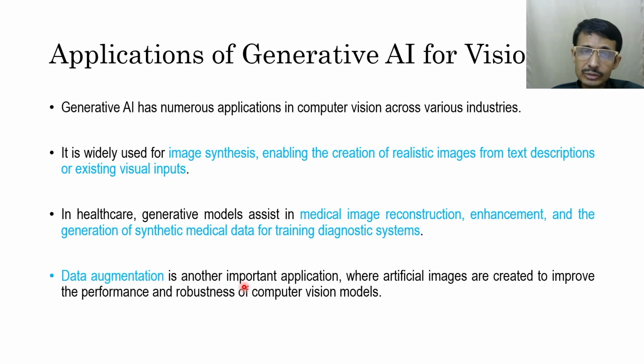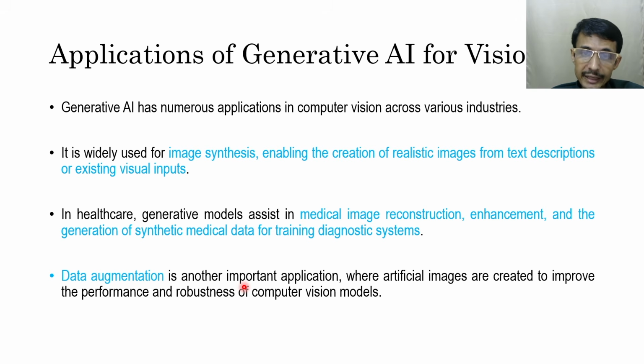So in healthcare, generative models assist medical image reconstruction, enhancement, and the generation of synthetic medical data for training diagnostic systems. That is also a very important field because medical imaging systems are very sensitive, as they can cause life and death situations.